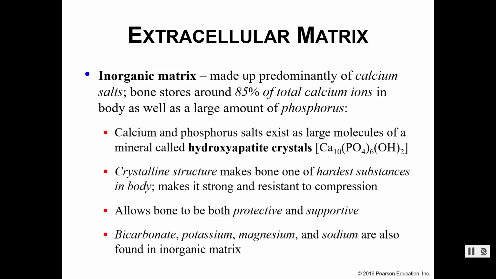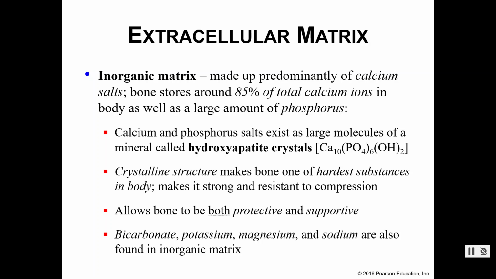Now, that inorganic matrix, okay, we said that was those minerals. The most predominant mineral would be calcium salts. The calcium stored within your bones accounts for about 85% of all of the calcium that you have in your whole body. And you also have a large amount of phosphorus.